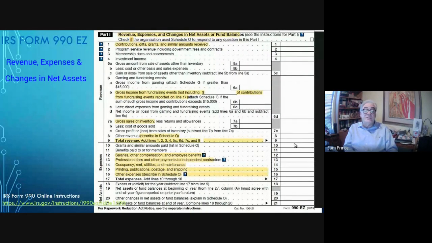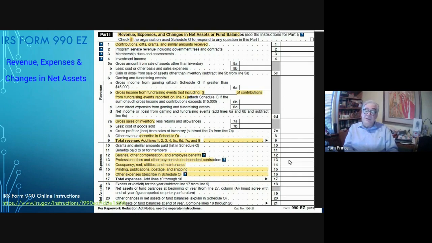Next, we have expenses. Basic expenses that most organizations face are salaries or other compensation or employee benefits, professional fees, or anything you would pay to independent contractors. Let's say you hire someone to design a website for you. You would list that amongst other costs in line 13. Occupancy, rent, utilities, and maintenance.